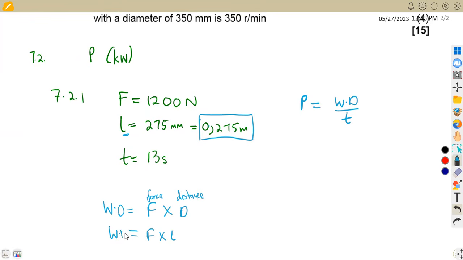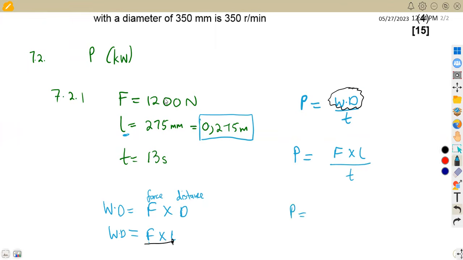We are saying our power can be written as work done over time taken, and the work done is force times distance, which is the stroke length. So I can write force times stroke length in place of the work done, but everything has to be divided by the time to find the power. So this will be your formula for power.